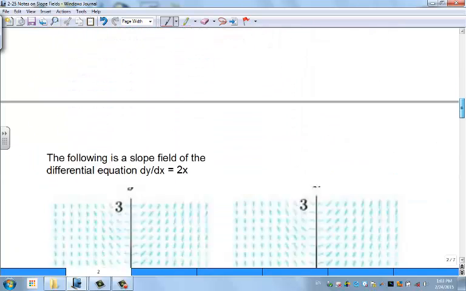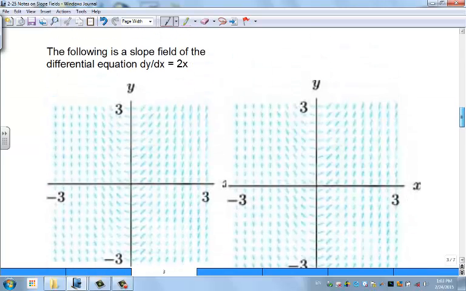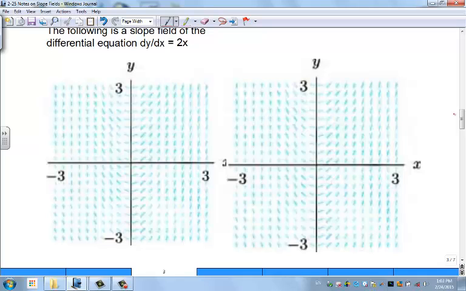Now, what do you do with these things? Well, this is a slope field of the differential equation dy dx equals 2x. Now, if I solve that differential equation dy dx equals 2x, what do I get? Well, I get dy equals 2x dx if I multiply both sides by dx.